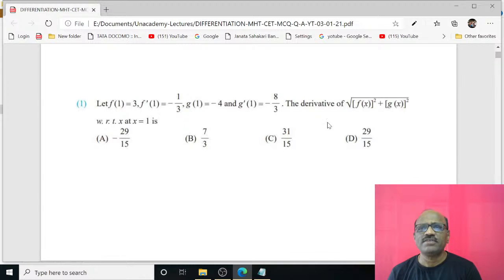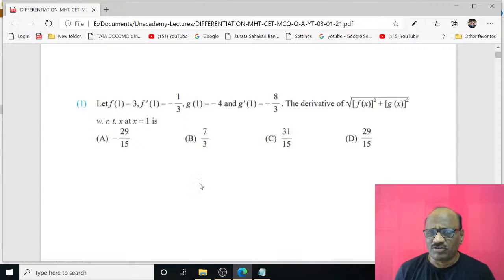The derivative of root of f of x bracket square plus g of x bracket square with respect to x at x is equal to 1 is. Okay. Now we'll differentiate this. The first option is minus 29 upon 15, second is 7 upon 3, C is 31 upon 15, and D is 29 upon 15. Okay.